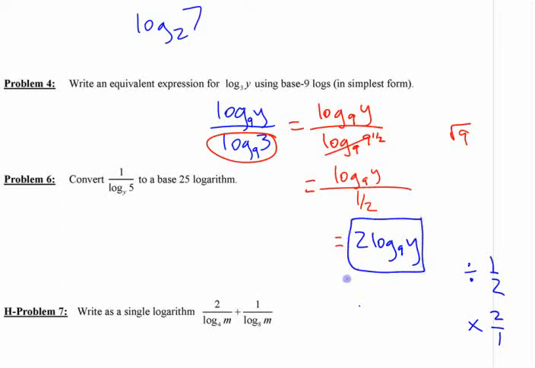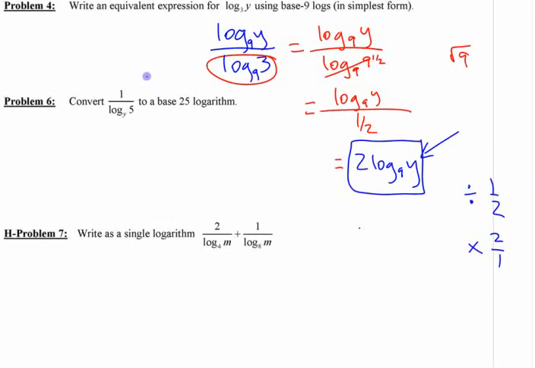Probably as simple as you can write it using base 9 logs. That's not the only way to do it. I mean, you could do it other ways if that works for you. But you should still get to this regardless of what you do. These ones with fractions, I think some of us get caught up in the fractions, not in the logarithm laws involved.